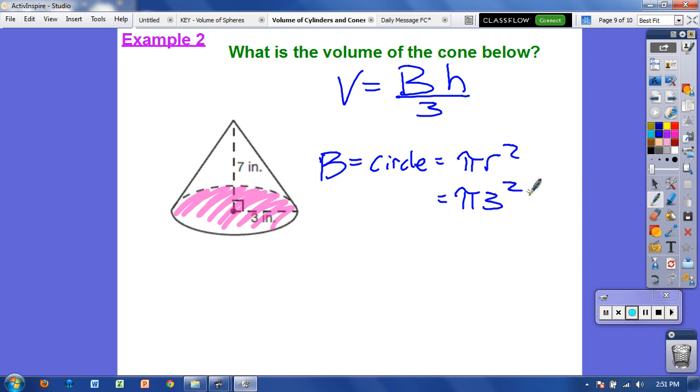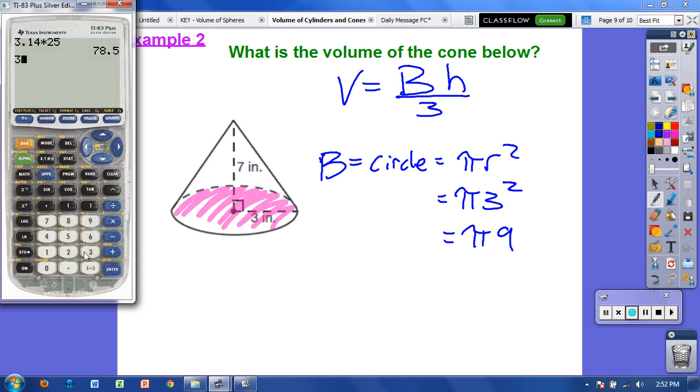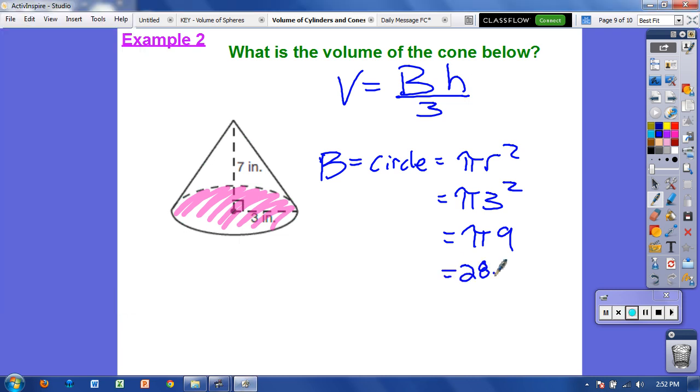So pi times 3 squared, which is equal to pi times 9. 3.14 times 9 is 28.26. And so that is your B. Your H is going to be the height of the cone, which goes from the apex to the center of the base. So that is 7 inches.